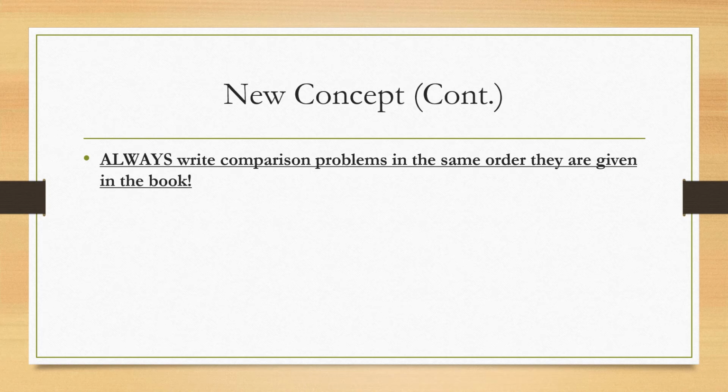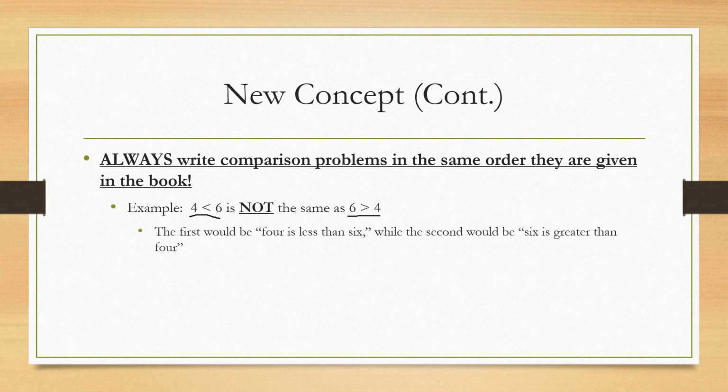Just a note here that you need to remember, every time they ask you to compare numbers using words in your book, you're always going to write them in the same order they're given in the book. So, for example, even though both of these expressions are correct, there's nothing wrong with either one, they're not read the same way.